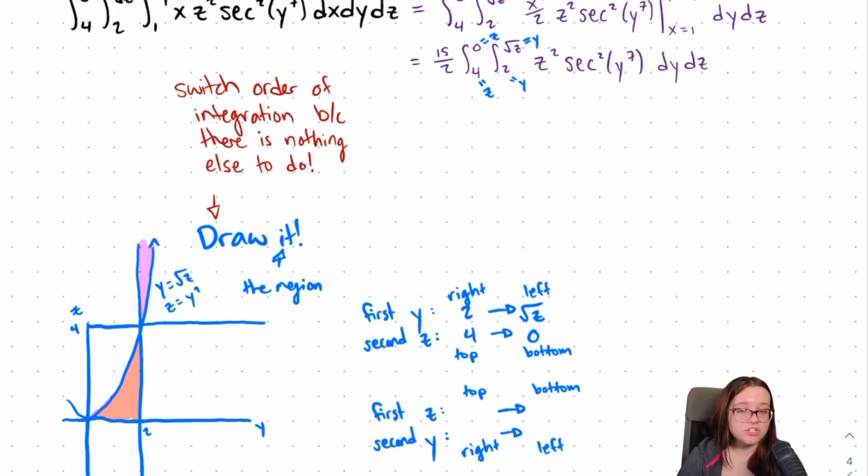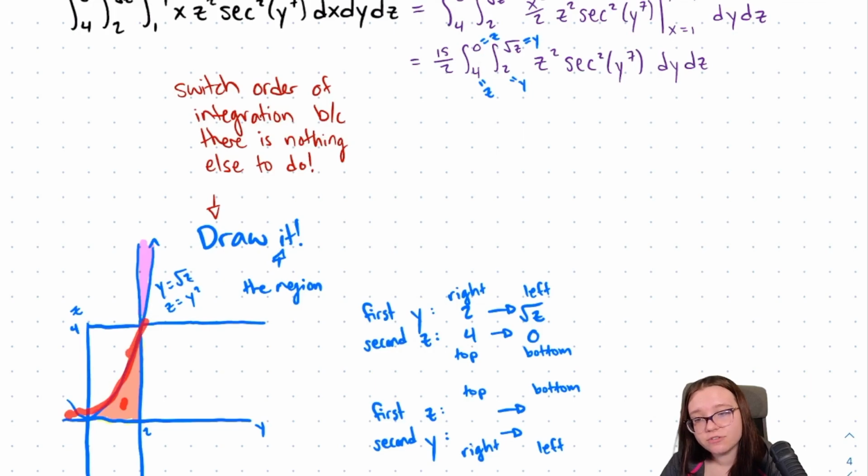Okay, so now we should figure out what's on top in the z direction and what's on bottom in the z direction. So let's go back to our region. The thing on top of it is this curve. And this is the curve y equals the square root of z. But since we're solving for z, now we're considering it to be the curve z equals y squared. So the thing I will fill in right here is y squared.